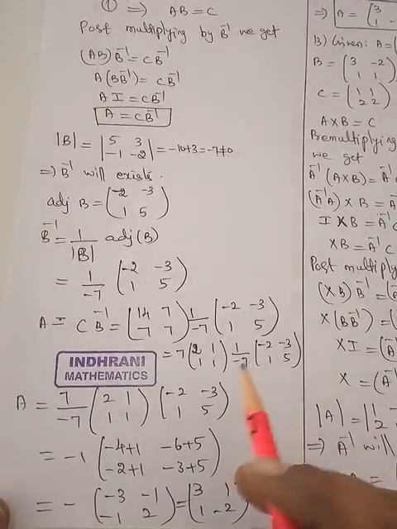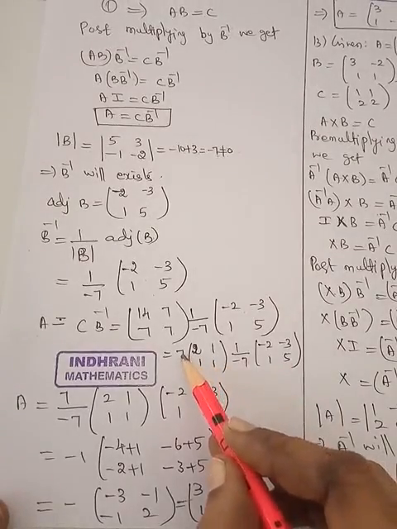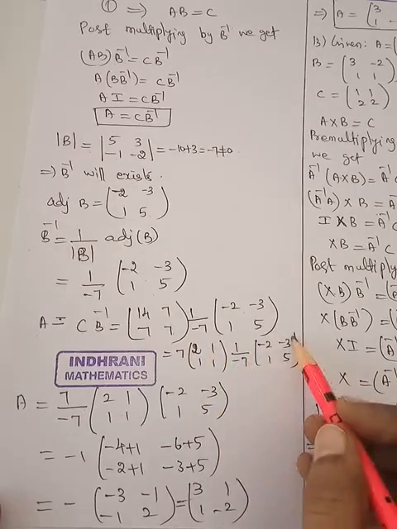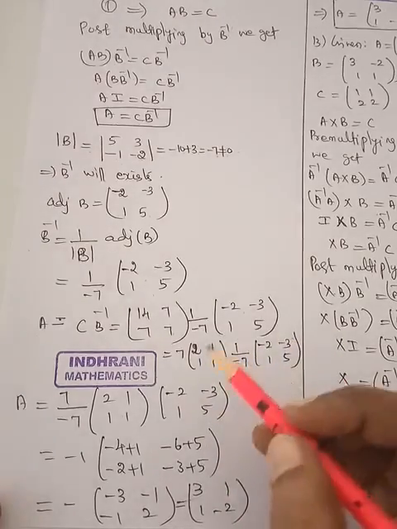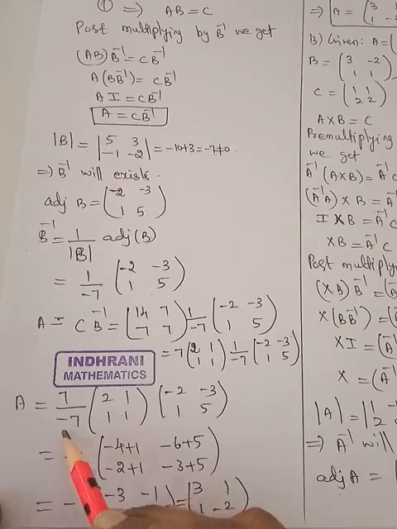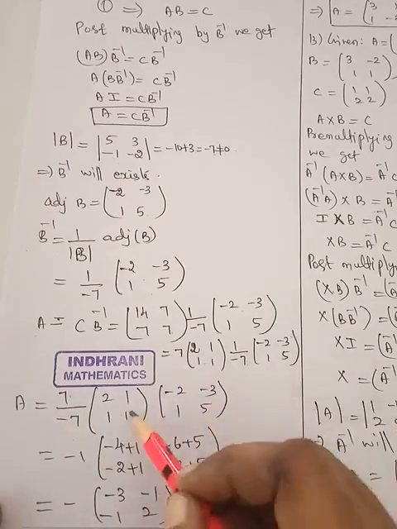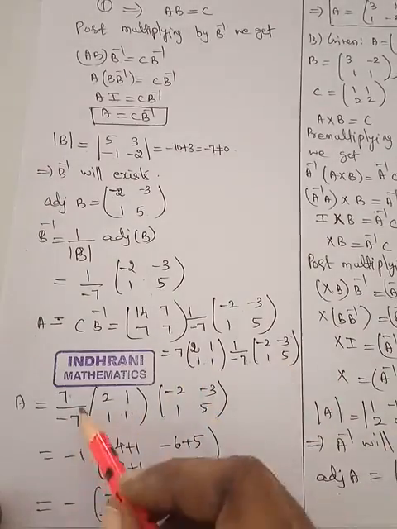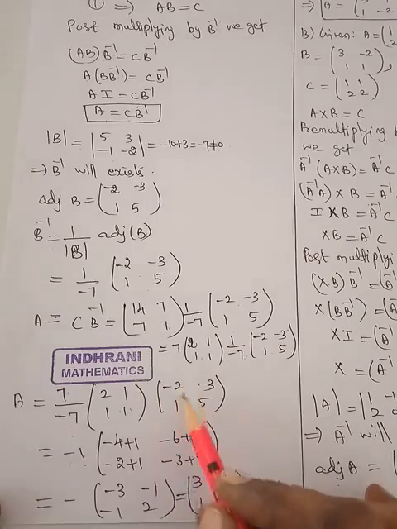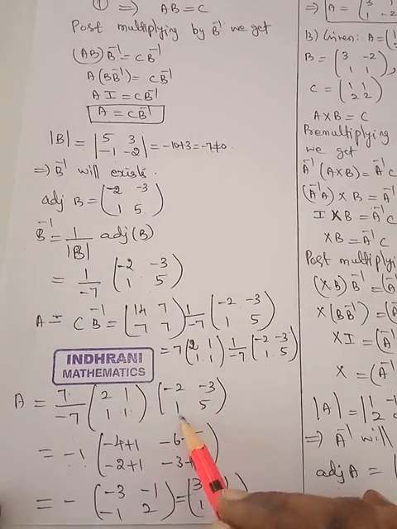See once again, here 7 into this matrix into 1 by minus 7 into this matrix. The scalar 7 by minus 7 gets cancelled, and you will get minus 1 into the product of the two matrices, multiplied by the row by column method.